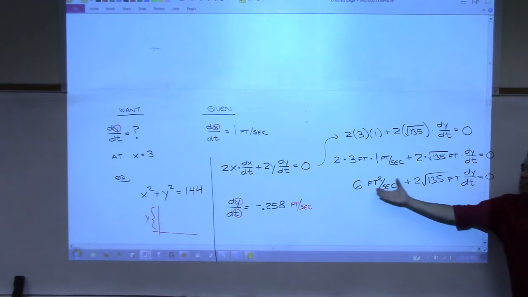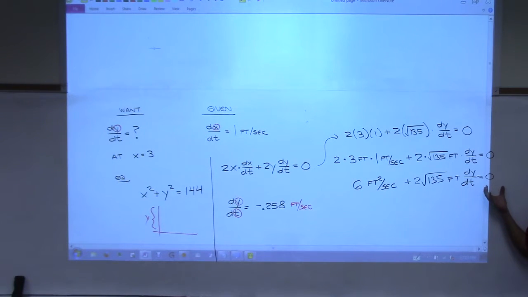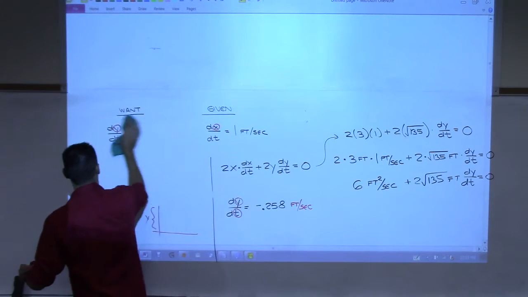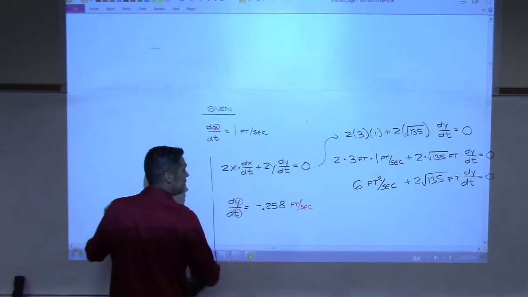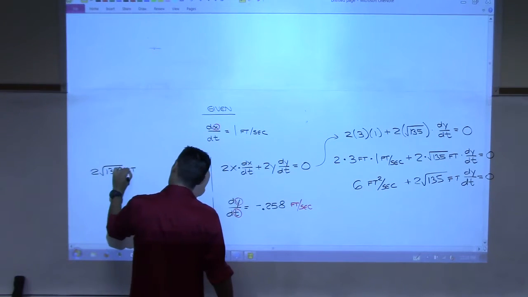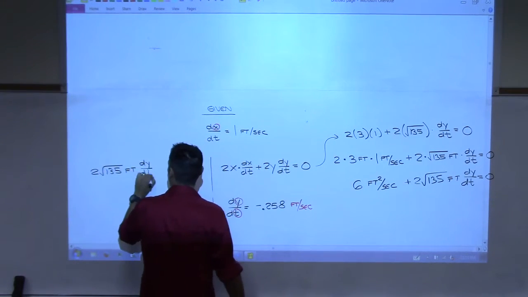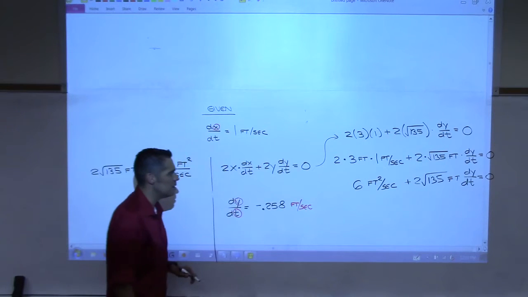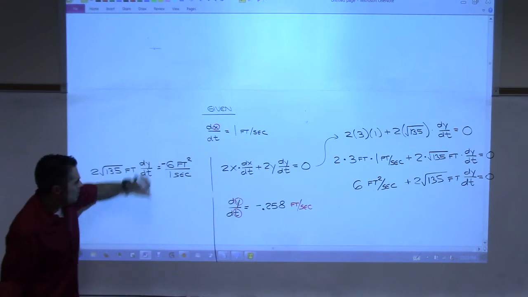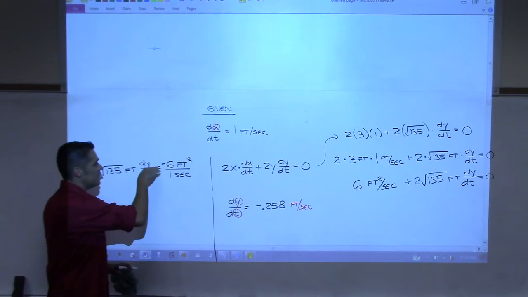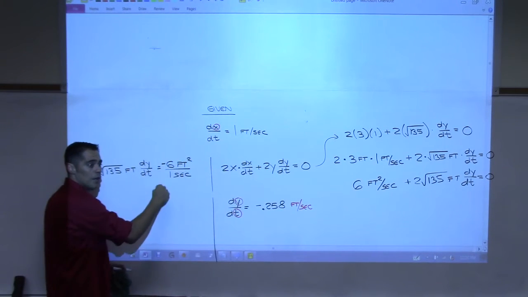And then you would have moved this to the other side, right? And when you move that to the other side, you would have 2 root 135 feet dy/dt equals negative 6 feet squared per 1 second.